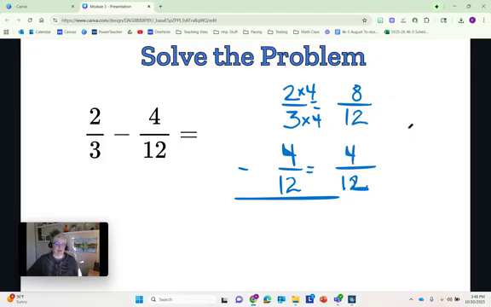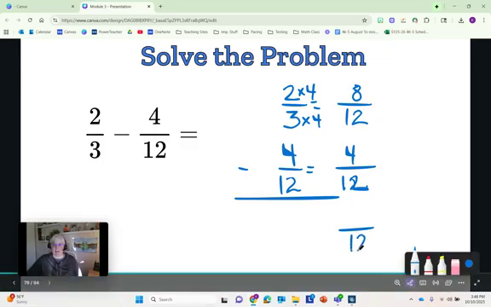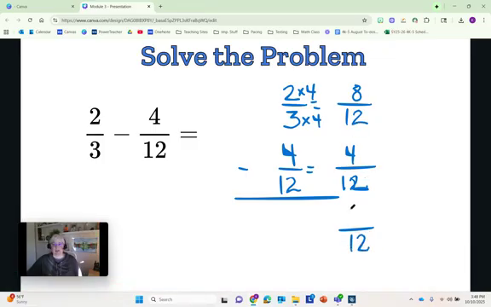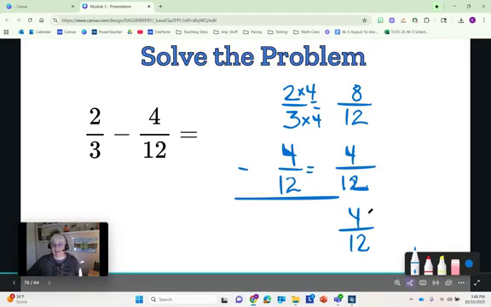Now we're ready to subtract, and our answer is going to be in 12ths. 8/12 minus 4/12 is 4/12. Can you see a way to make this a simple fraction? I know I can divide 4 by a number, and I can divide 12 by that same number.